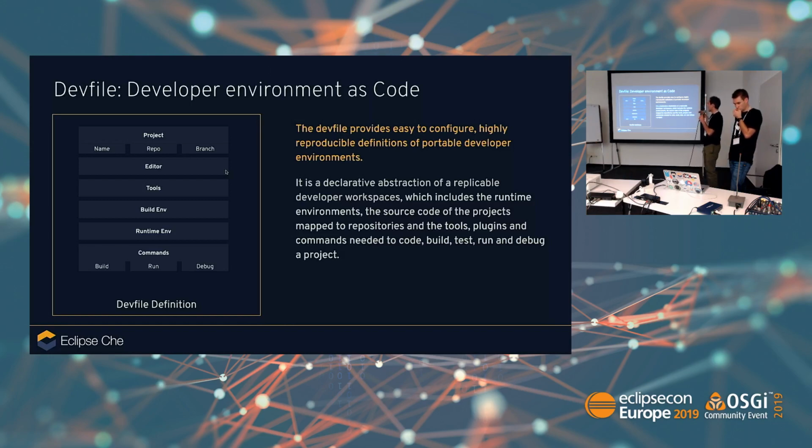Then there is the build environment and runtime environment. These are other containers that you may or may not need. If your project is complicated, you may have one container for building the application and one container for running it. So these are the extra containers, and this is all optional.